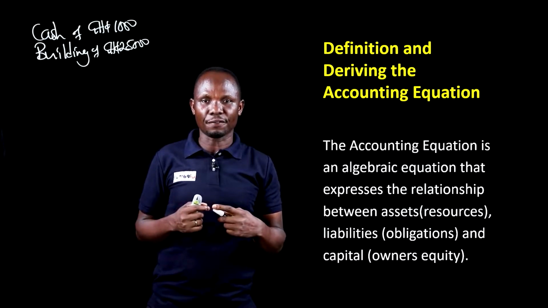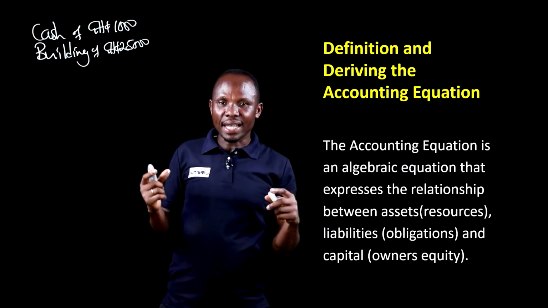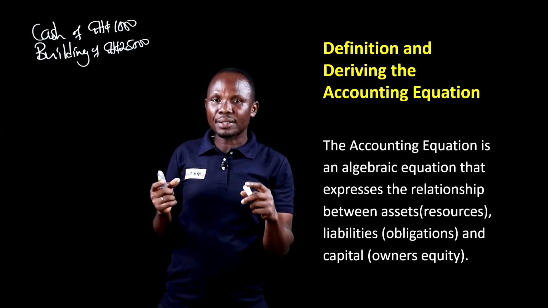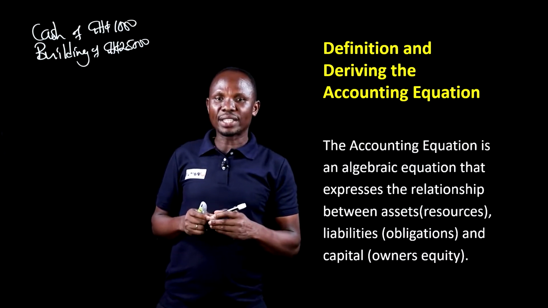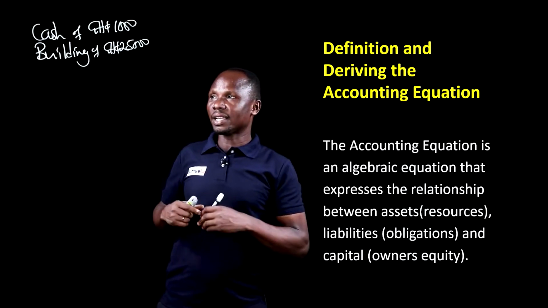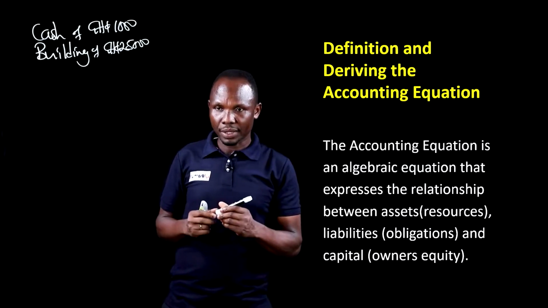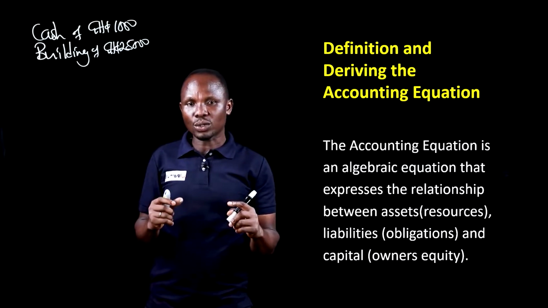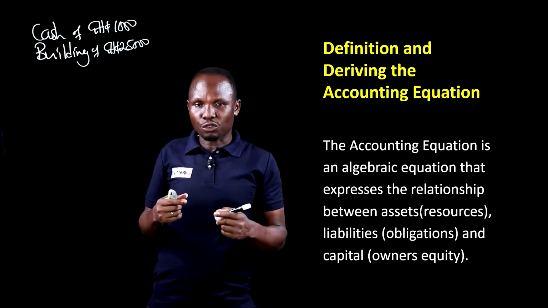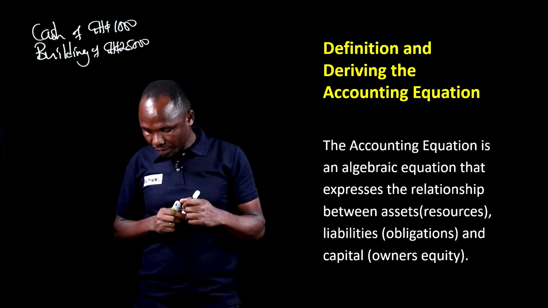If Listowel introduces cash of 1,000 cedis and building of 25,000 cedis for the commencement of a business, as a result of this, the business entity becomes an owner of economic resources of 26,000 cedis. That is the addition of the cash and the building. In the same way, the owner also has a claim of 26,000 cedis on these resources.